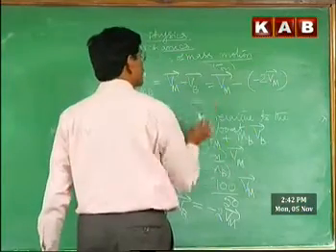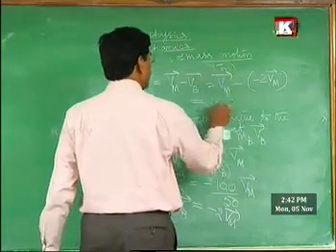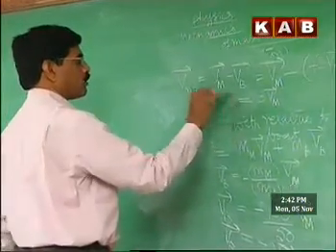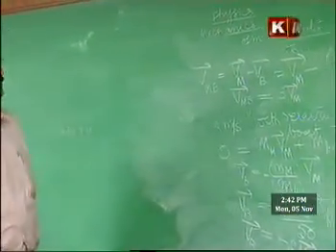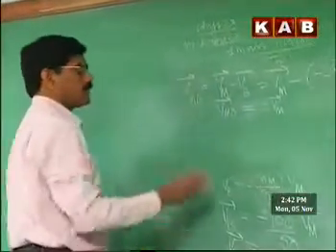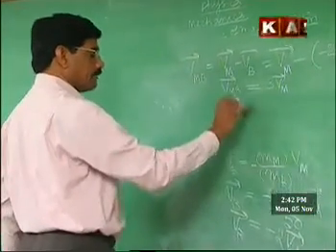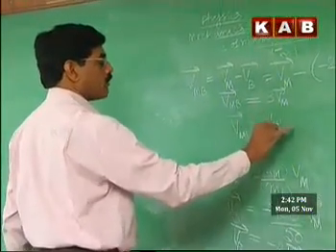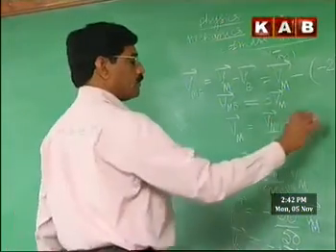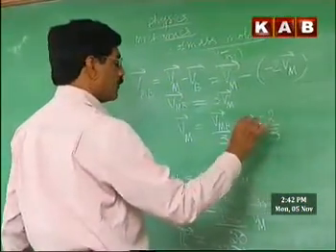Therefore, Vmb is 3Vm. Velocity of the man relative to the boat is 3 times the velocity of the man. So the actual velocity of the man is Vm equal to Vmb by 3, that is equal to 2 by 3 in magnitude.